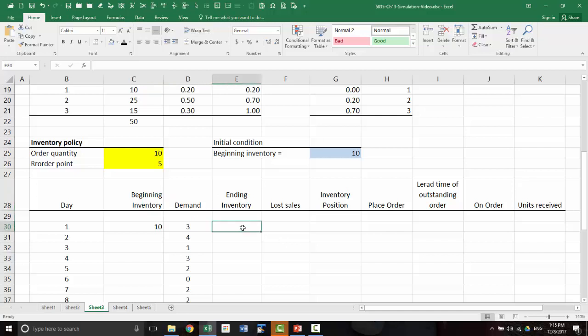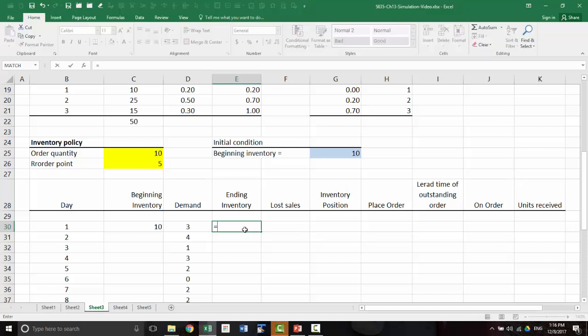Okay. Now ending inventory is beginning inventory minus demand. Except that if demand was like 20, you cannot have negative ending inventory, so it has to be 0.